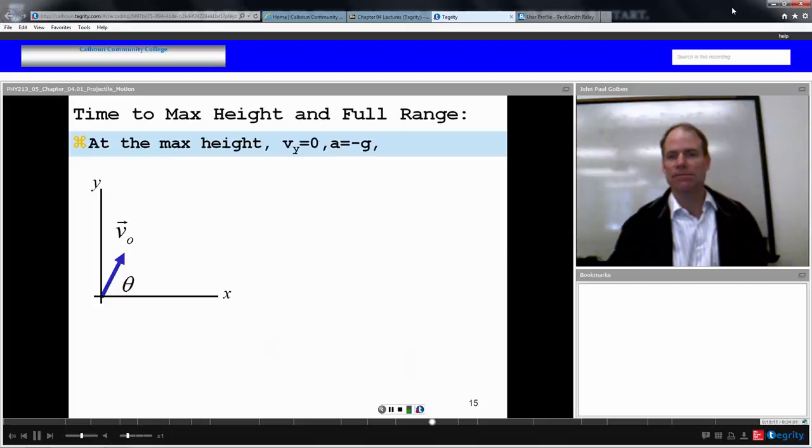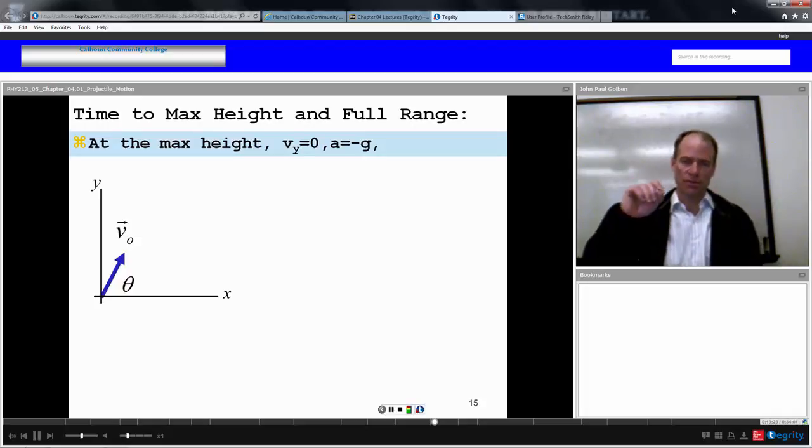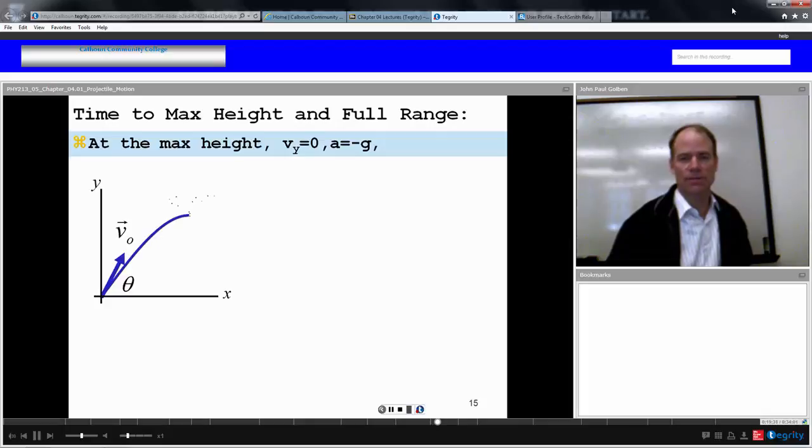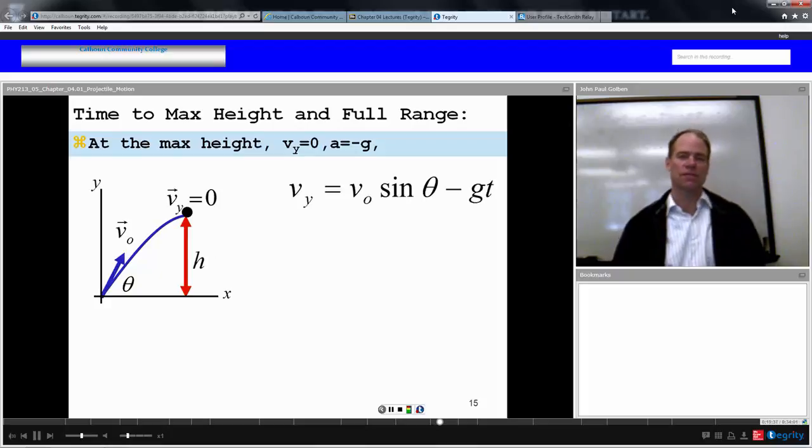Time to the maximum height, again, we'll realize that our final y velocity will be 0. We'll go as high as we can go and go no further. So at our final height, we'll have a 0 velocity, acceleration of a negative g. So we know our final velocity will equal our initial velocity plus acceleration times time.